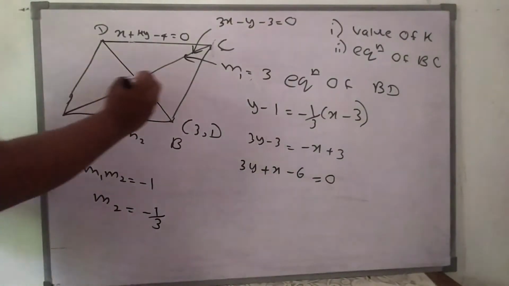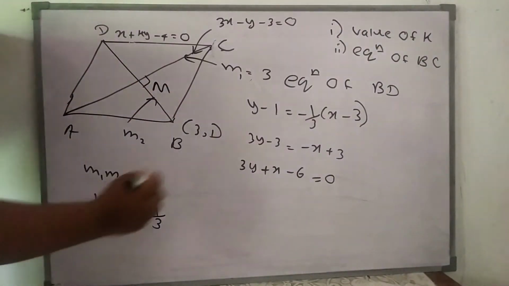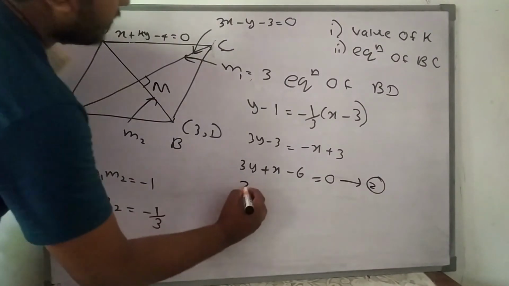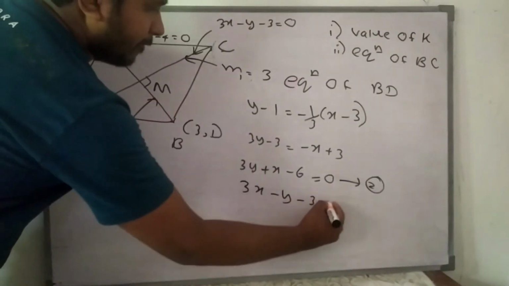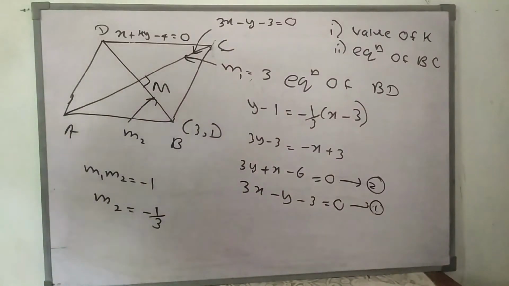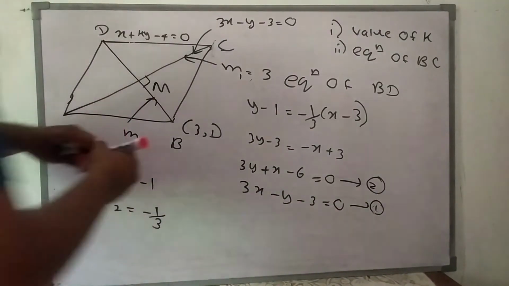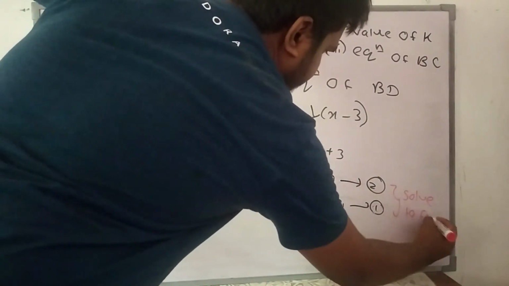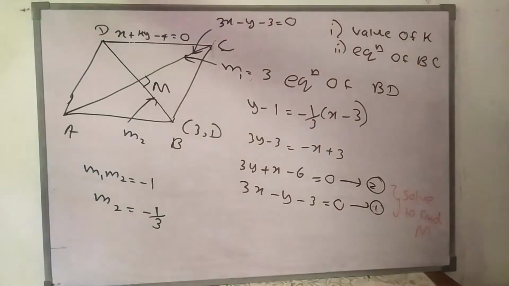Right, so this is my equation number 2, and the other, 3x minus y equals 3, equation number 1. So solve to find M.